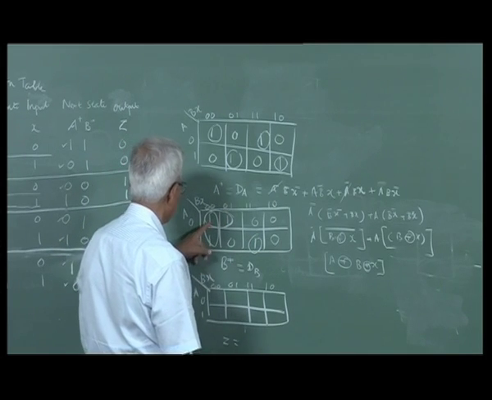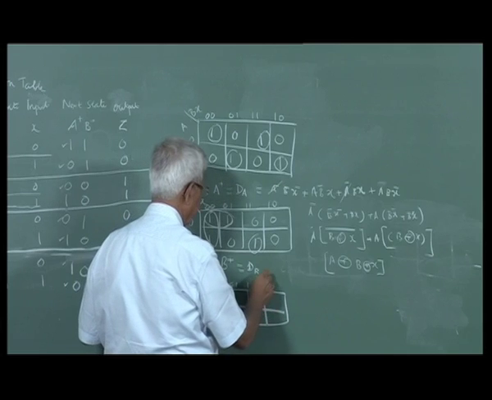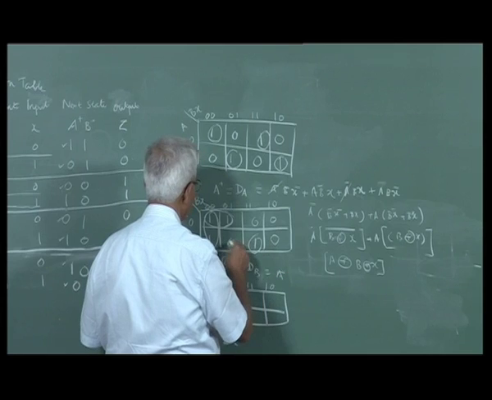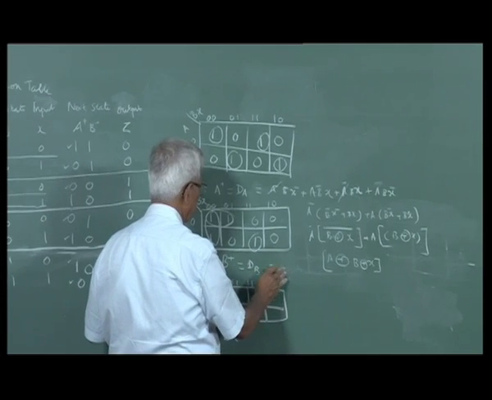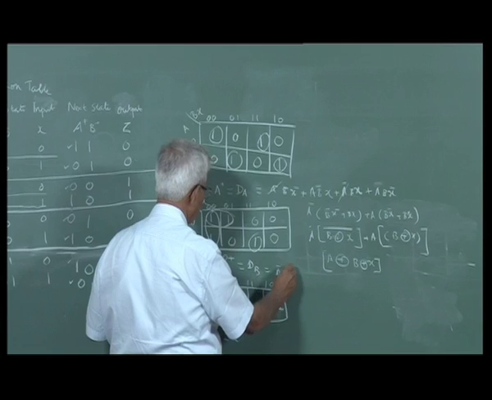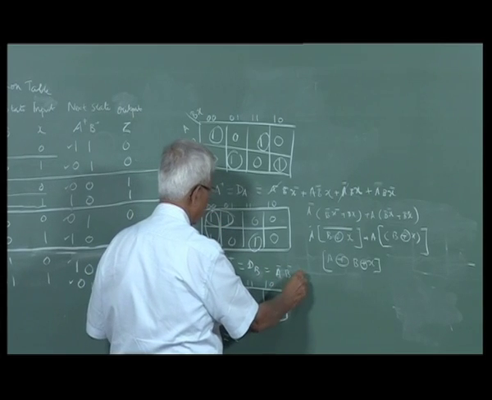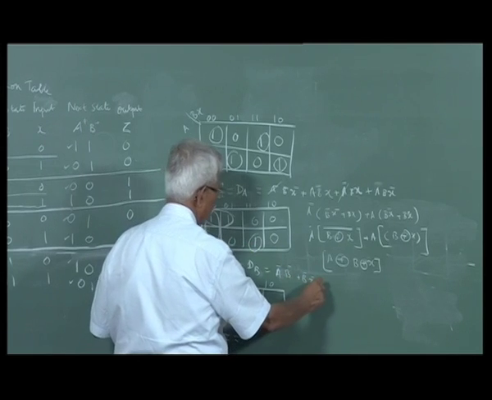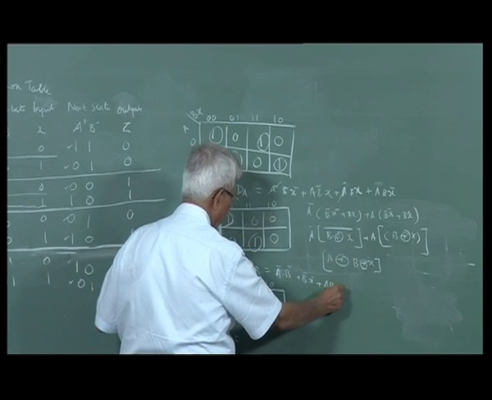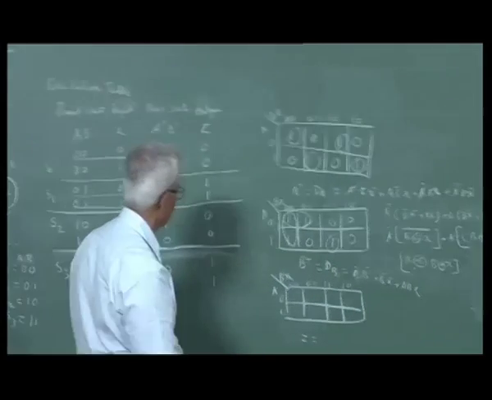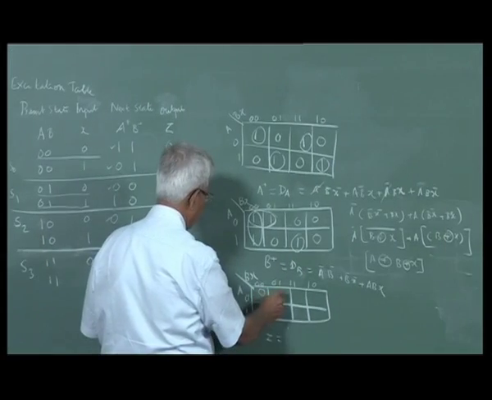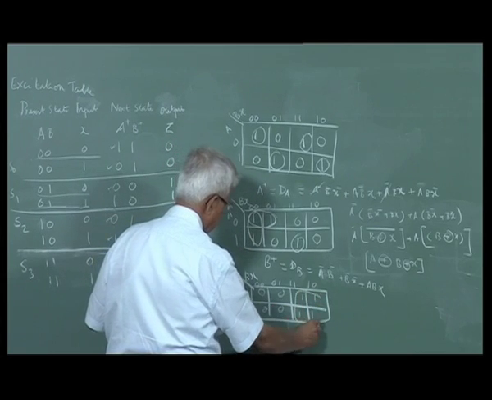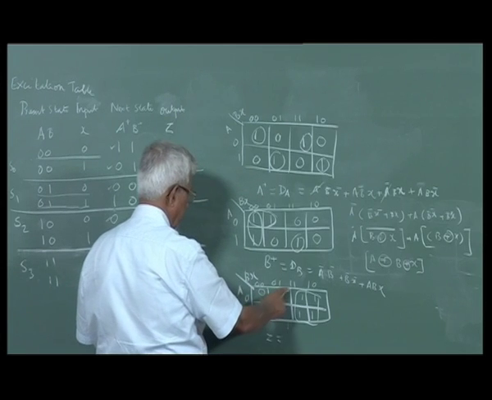This one will be A bar Bx bar, A bar B bar, B bar X bar, ABX. This will be 0 0 1 1, 0 0 1 1, which is B.